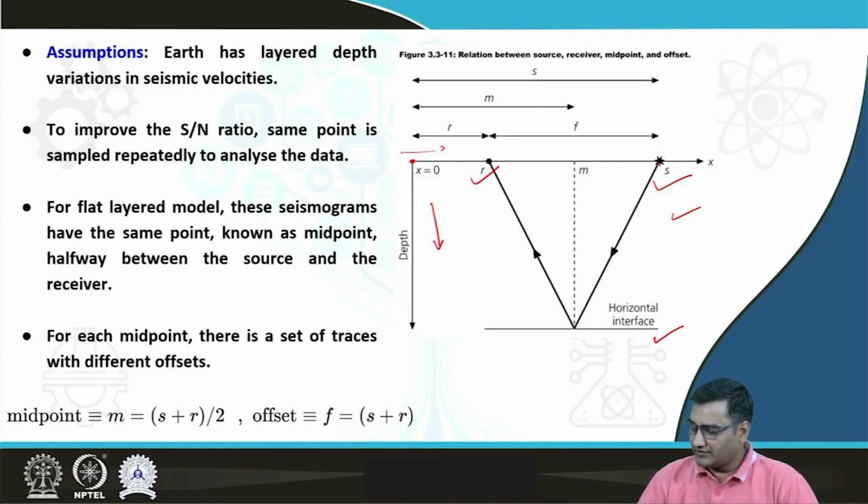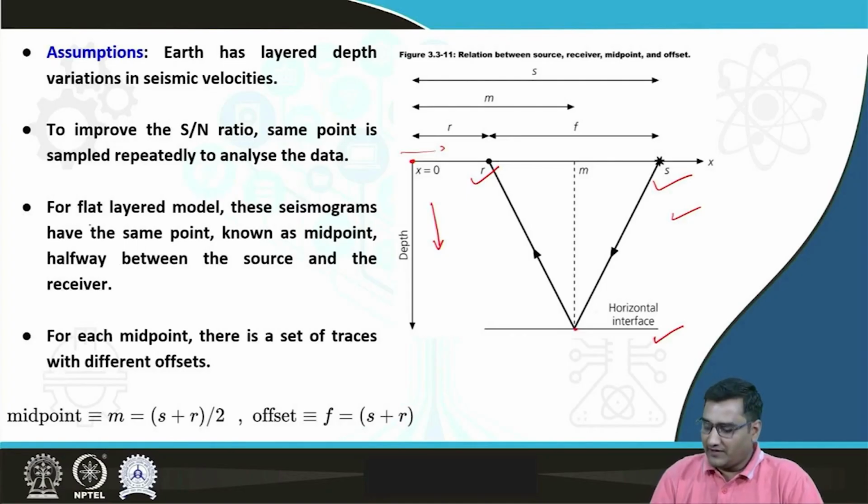When the source is activated, the ray travels down and is reflected from the horizontal interface, and after the reflection it is recorded at the receiver. Now, in order to get the reflection from this particular point, this point lies midway between the source and the receiver.